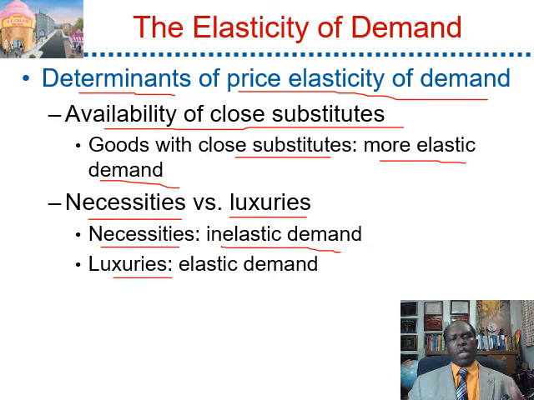Luxury goods, on the other hand, tend to have elastic demand. For instance, the demand for food, which is a necessity good, will be inelastic. The demand for a vacation to Disney World or to Paris will be elastic.